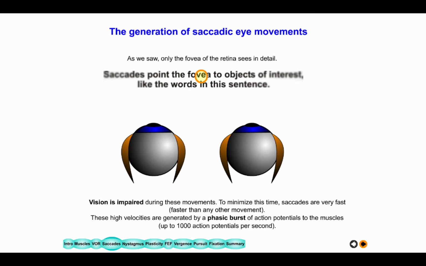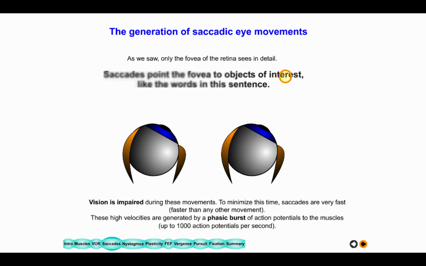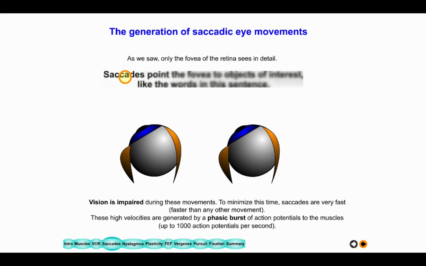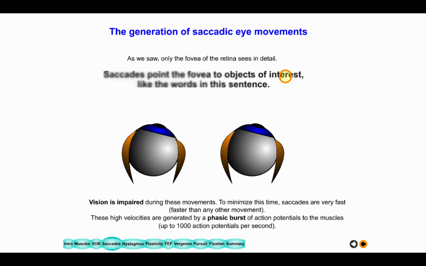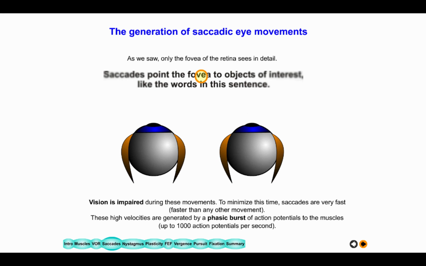And so, because during the movement vision is impaired, you want the movement to be as short as possible. So you're not blind during the movement. That's not a good idea, not being able to see.